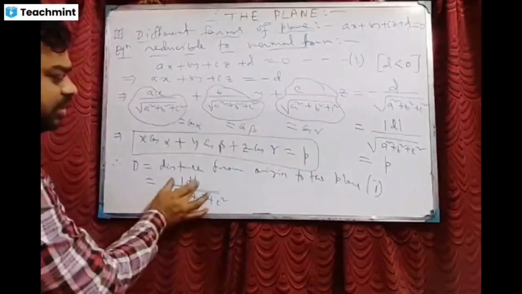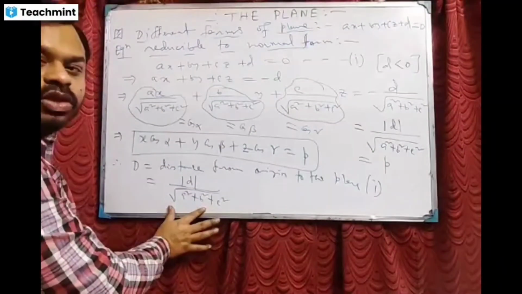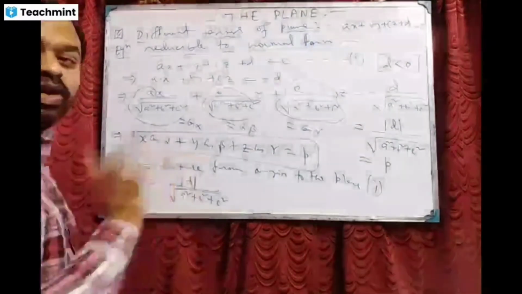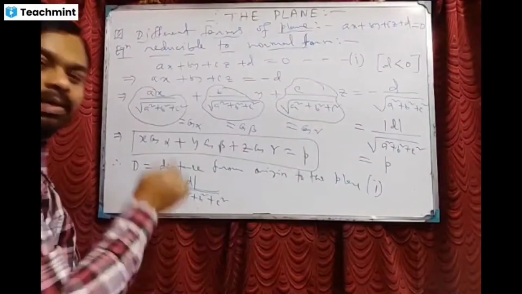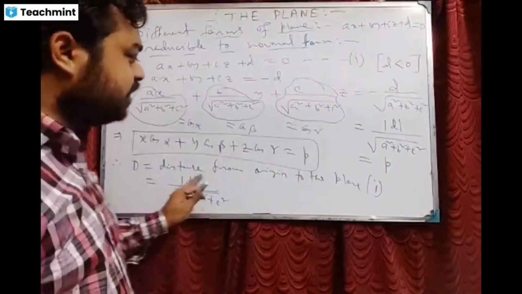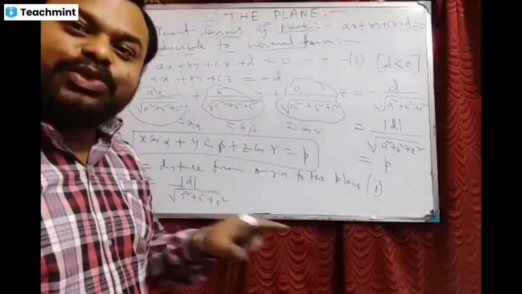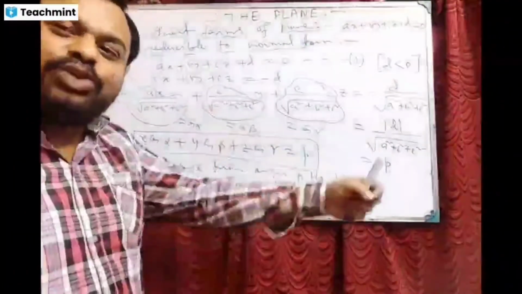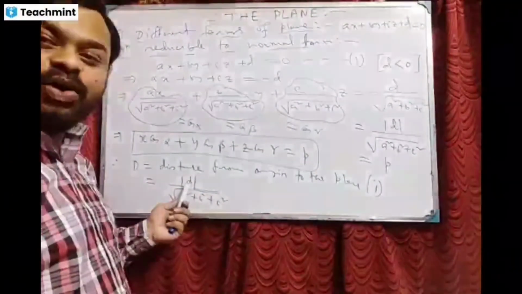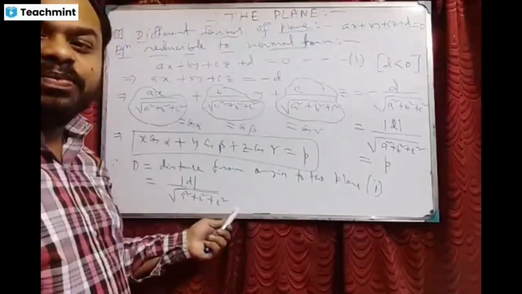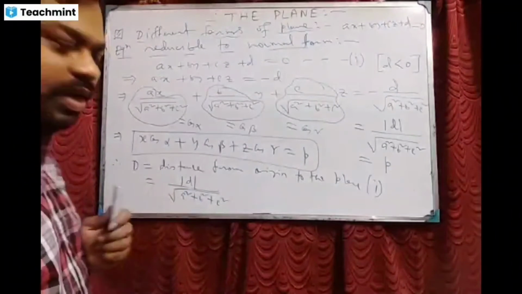That is, mod d by root over a square plus b square plus c square is always positive if d is not equal to 0, that is, if the plane is not passing through the origin. If the plane is passing through the origin, then the distance from the origin to the plane is obviously 0. So if the plane passes through the origin, then d is 0 and capital D is also 0. If d is non-zero, then the distance from the origin to the plane is mod d by root over a square plus b square plus c square.